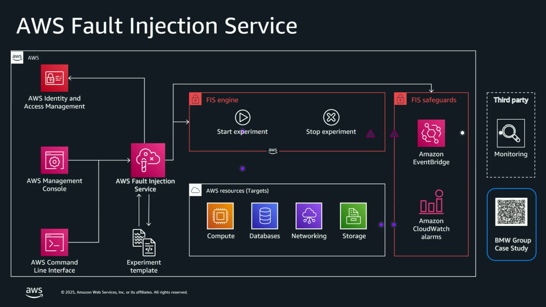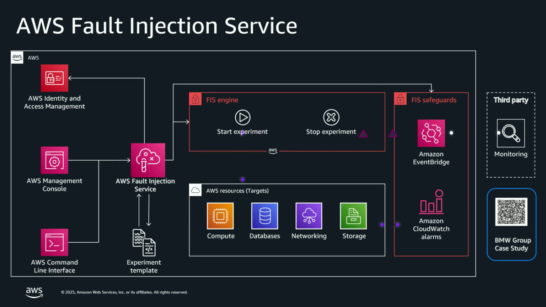You can also use scenario libraries, which we have pre-built as an AWS opinionated recommendation, a common set of experiments that customers are interested in, so you can get started much faster. Once you configure the experiment templates, eventually you can start or stop the experiment on an ad hoc basis as well.